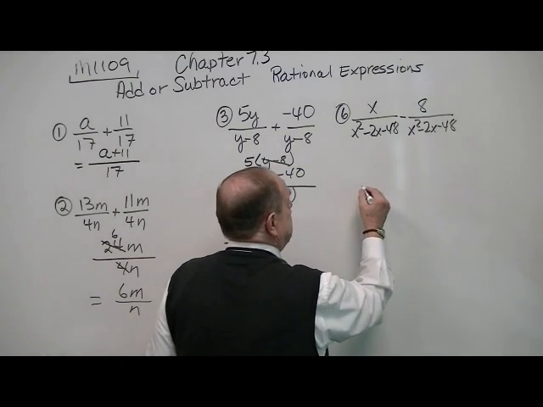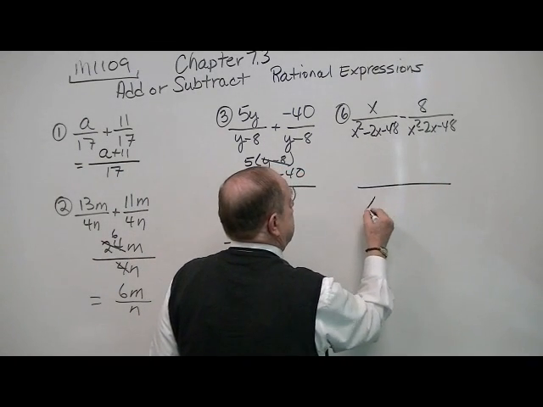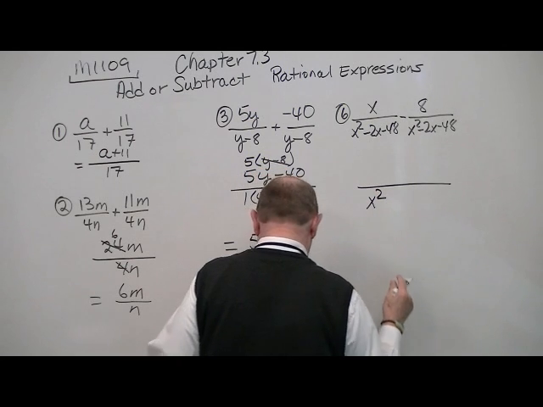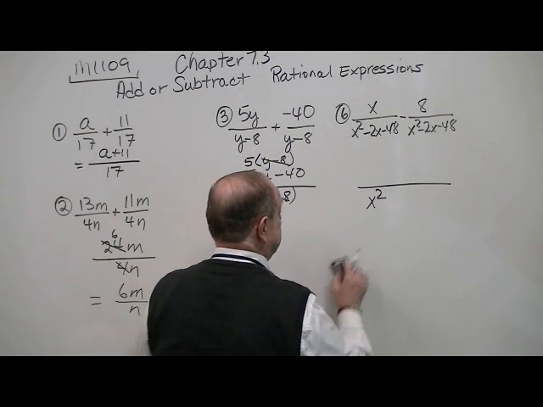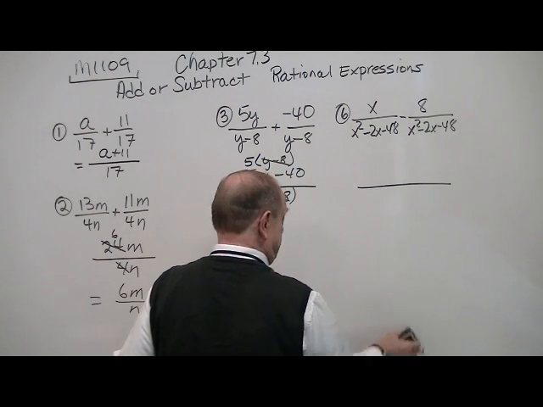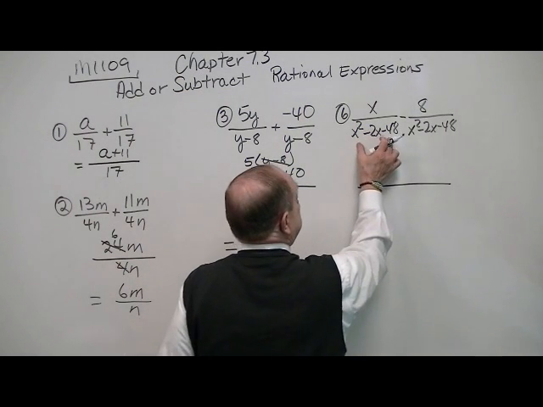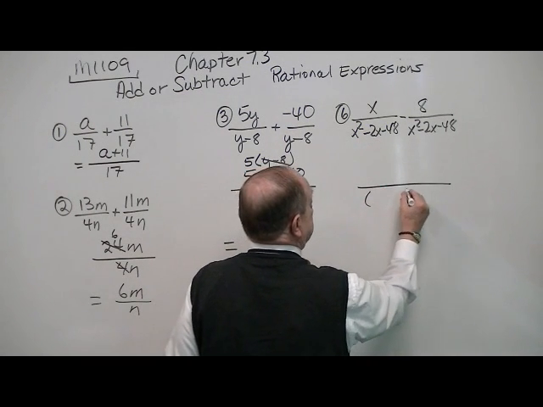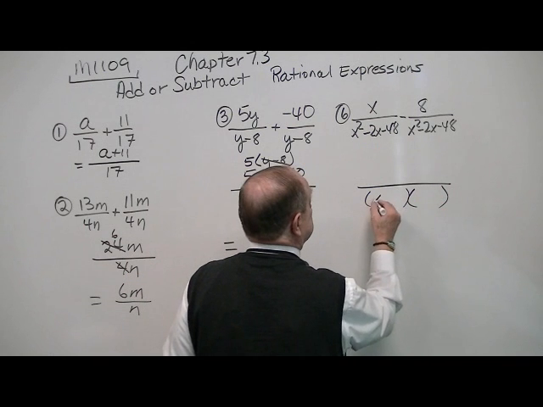Now, again, common denominator is x squared. Well, actually what I'm going to do, since I know something can be factored out of there, is I'm going to factor this. That's my common denominator.